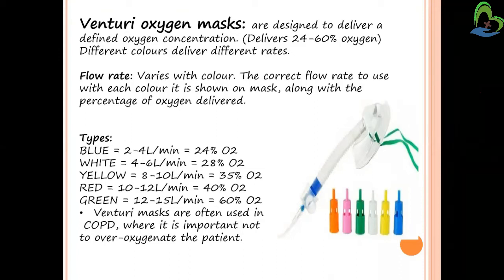White delivers 4 to 6 liters per minute, equal to 28% oxygenation. Yellow stands for 8 to 10 liters per minute, which is like 35% oxygenation. Red is 10 to 12 liters per minute, 40% oxygen. Green delivers 12 to 15 liters per minute, which means 60% oxygenation will be given to the person. So venturi masks are often used in a COPD patient where it is important not to over-oxygenate the person.